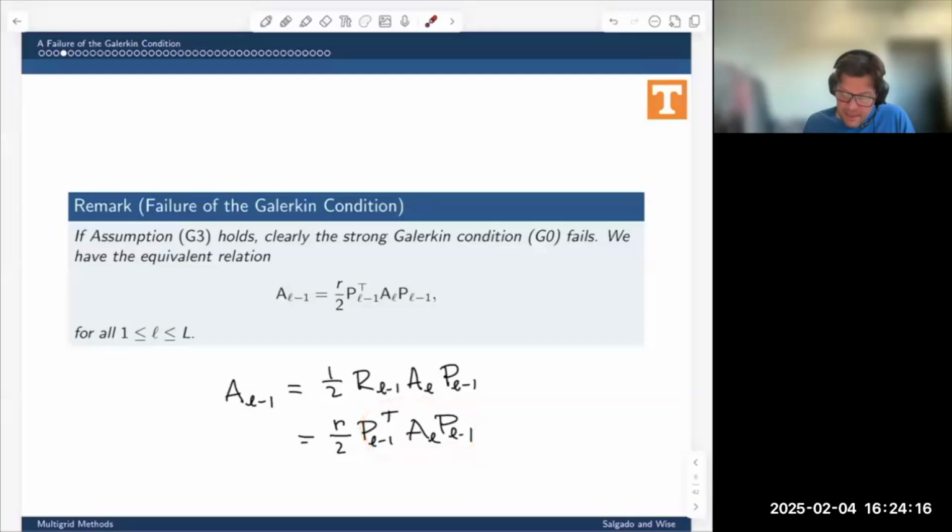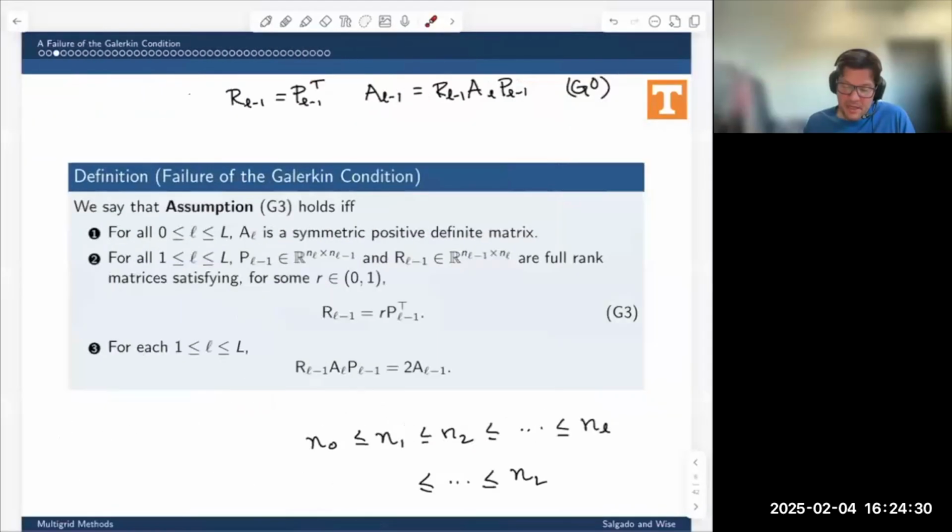Now, if I multiply a constant times a symmetric positive definite matrix, I just get a scaling of the symmetric positive definite matrix. This guy still has to be symmetric positive definite. So what I'm saying is that we do not contradict this assumption here. This assumption is not contradicted by these two assumptions.